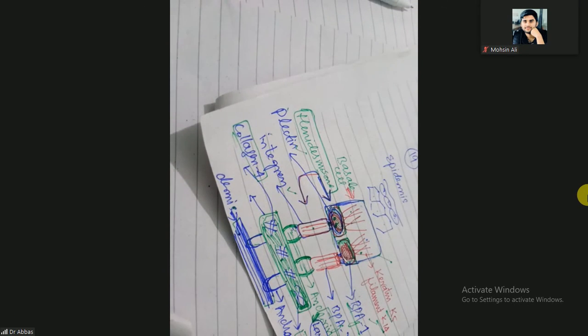So when there is a defect in this lamina lucida, it will lead to subepidermal disorders. Why is it called subepidermal disorders? So here is 19. Let's move on to 20.